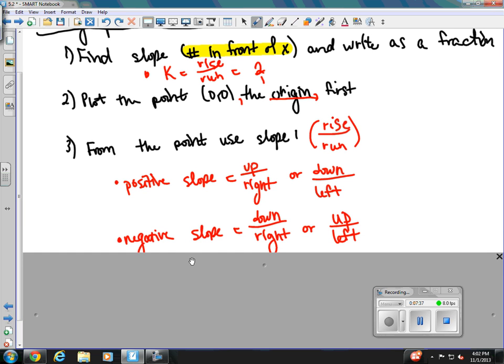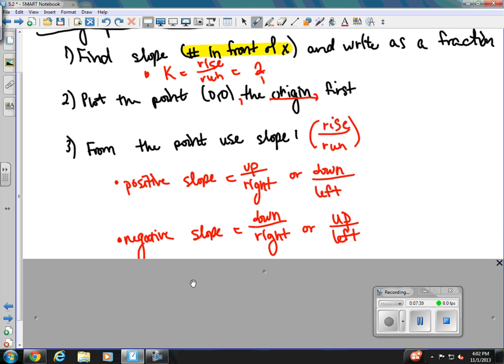Same way with your negative slope. We want to go down and to the right for negative slope. But if our graph's not big enough, we can go up and left. But we always want to try these first. We always want to see if we can go up and right or down and right first.